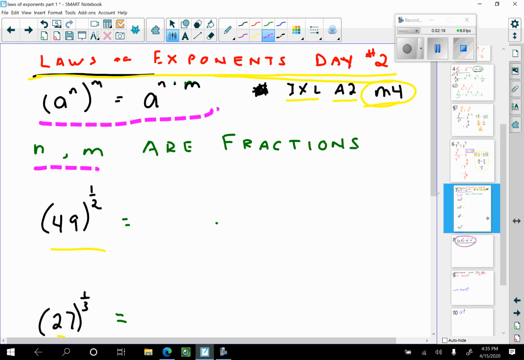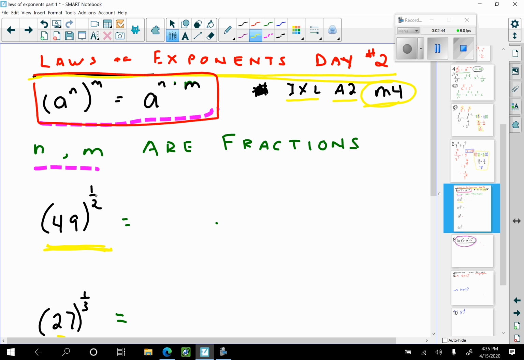We're going to start off by using this property with some numbers, like 49 to the 1/2 power. What does that equal? Well, you could easily do that with your calculator, but I'm going to show you one way to evaluate that.